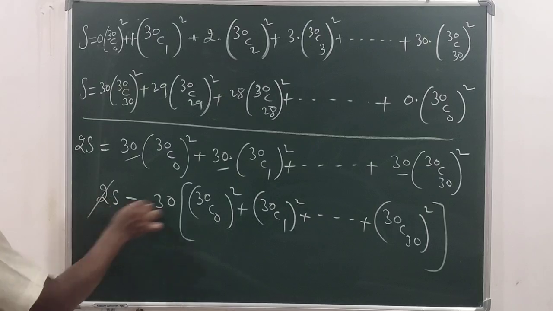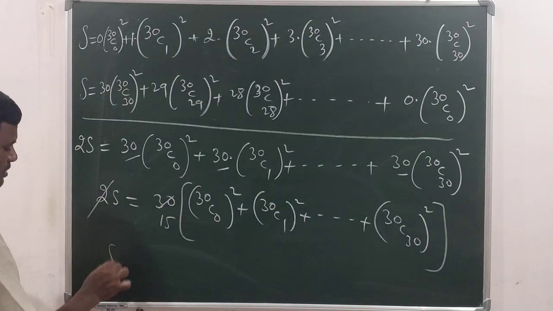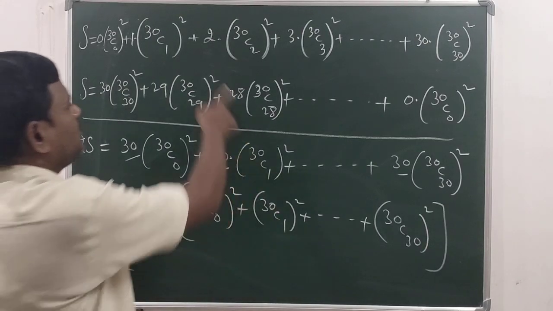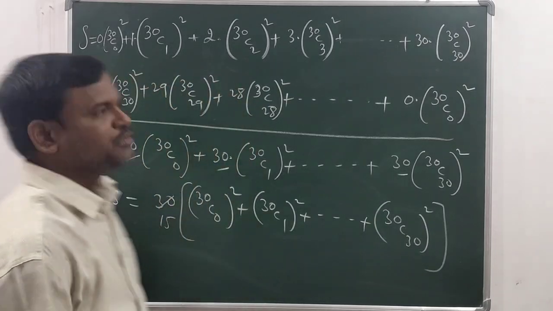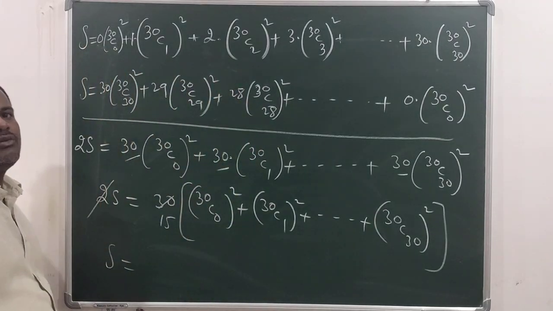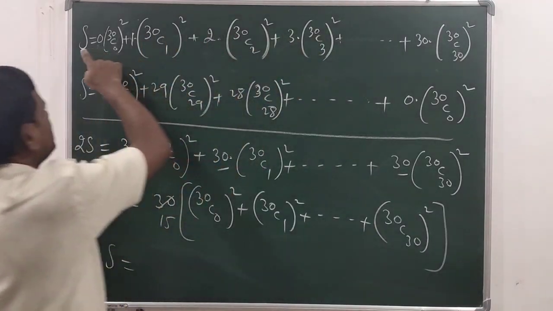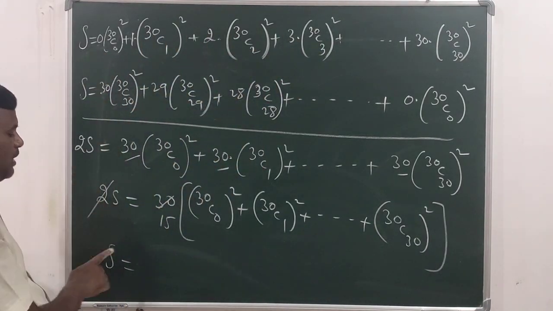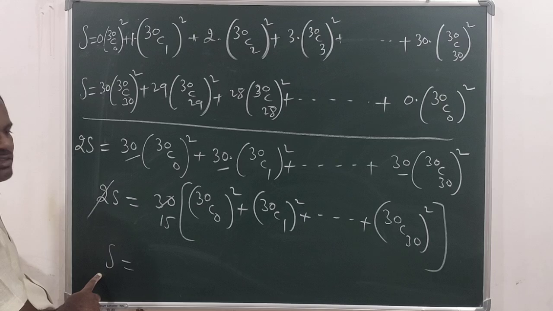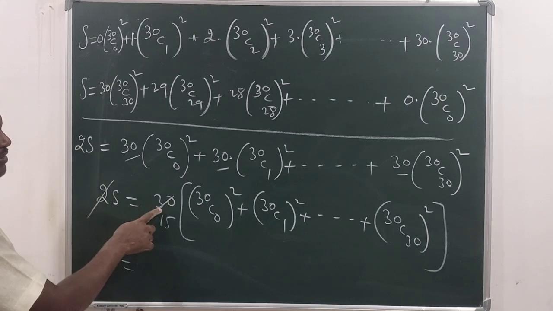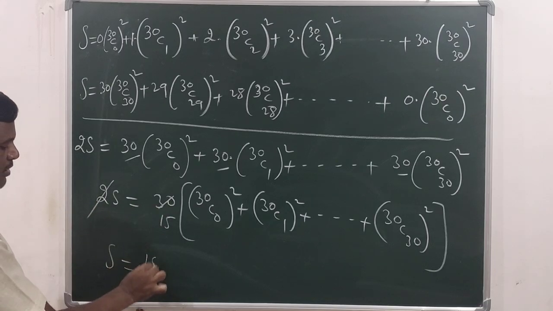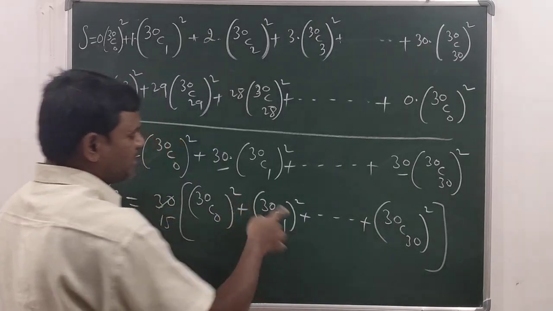Now this is equal to 2S, because we would have to find the sum of this series, which means that you have to find S. We have taken this series sum as S. Our aim is to calculate S. So I cancelled this 2 with 30. I got 15.